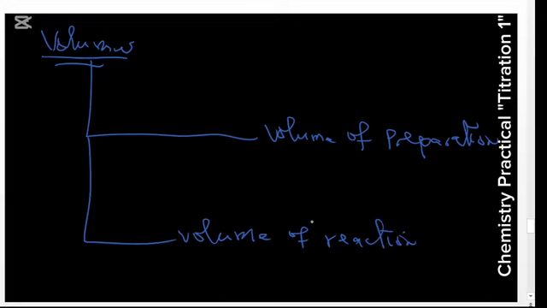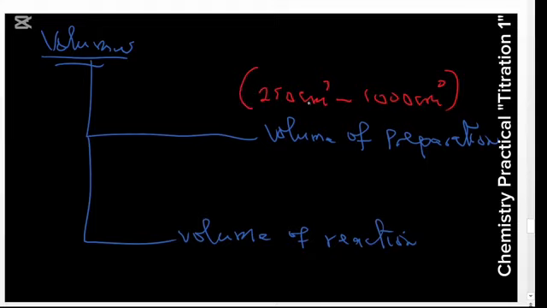What do you mean by volume of preparation and what do you mean by volume of reaction? So when we are talking about volume of preparation, it is the volume that is used in preparing the standard solution. And this volume that we use in preparing is mostly between 250 cm3 and 1000 cm3.